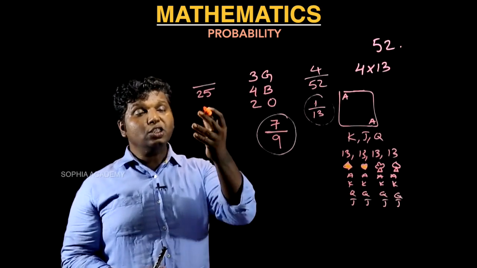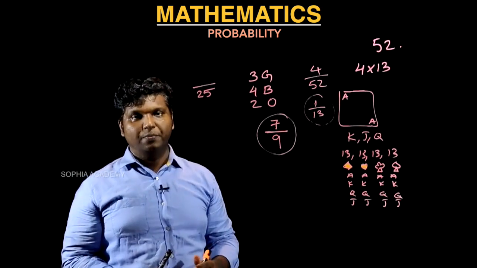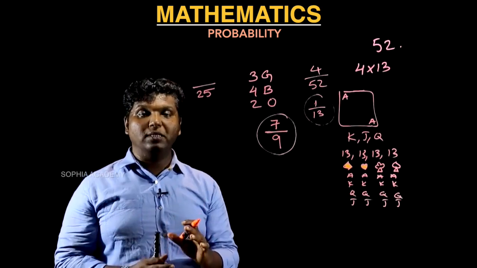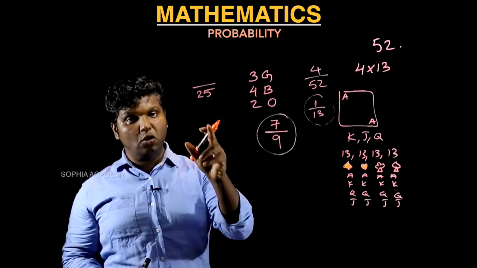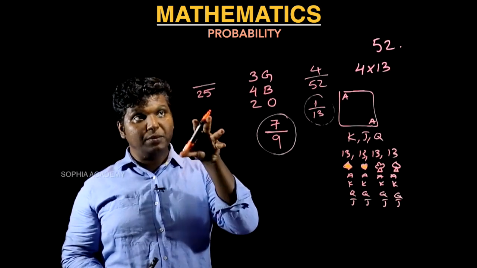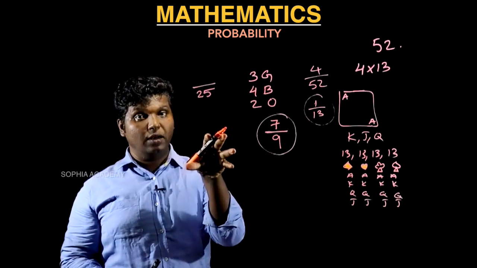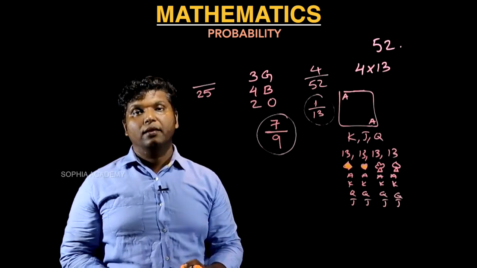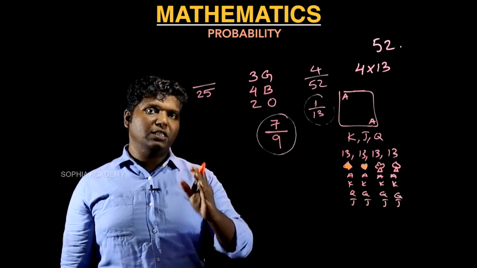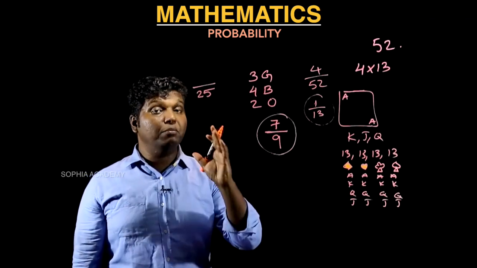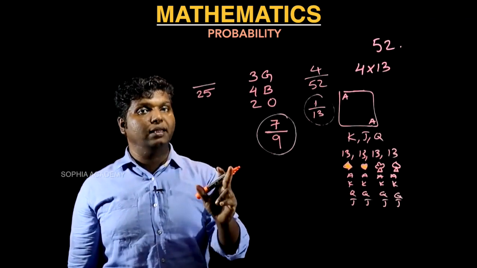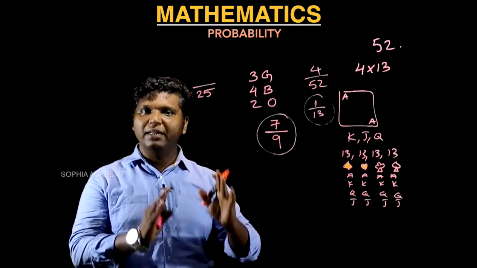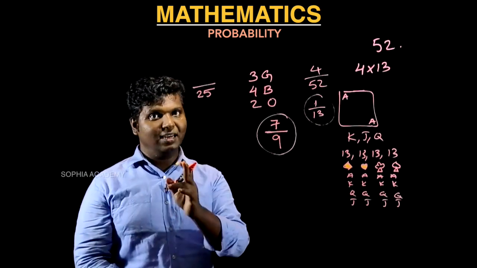Then a card is drawn at random from this bag, and you have to find the probability that this card which is drawn should be divisible by both 2 and 3. If a number should be divisible by 2 and 3, then definitely that number will be divisible by 6. Is that clear?